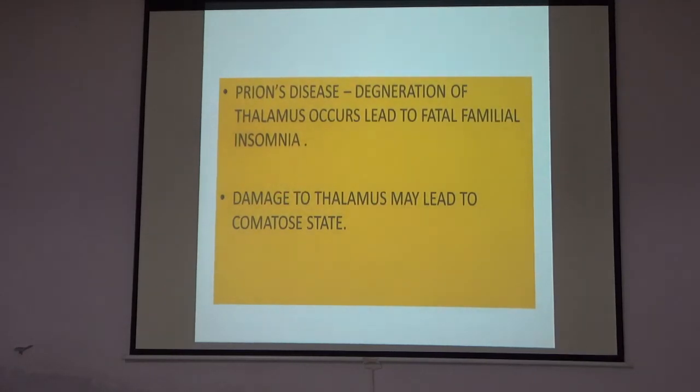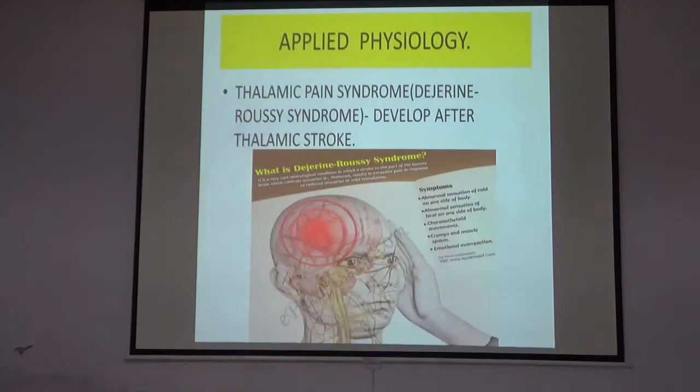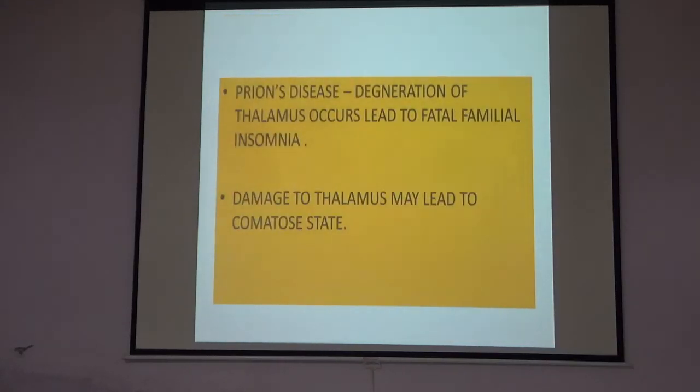Then damage to the thalamus can make a person go into a comatose state for a very long time. So these all are the applied aspects of the thalamus, where if the thalamus gets diseased, either due to stroke, degeneration or damage, these are the consequences which can happen.